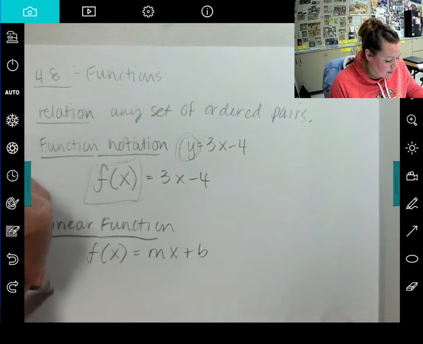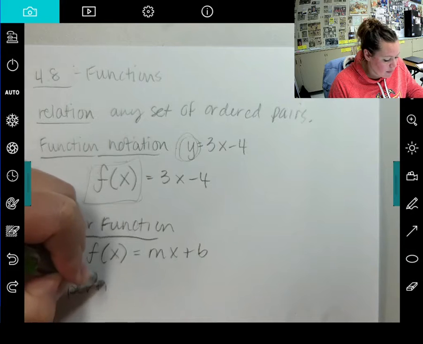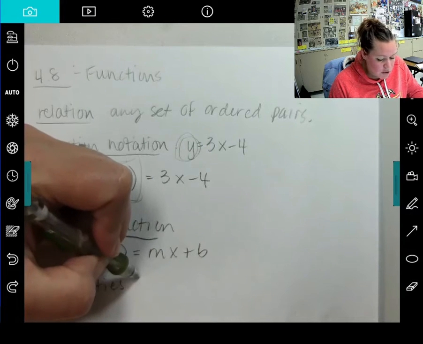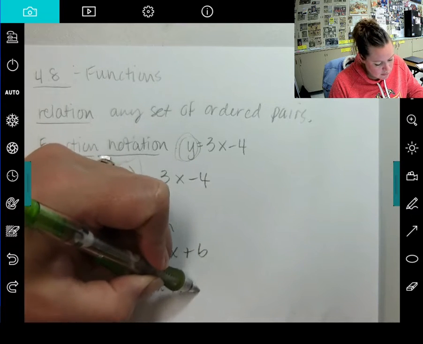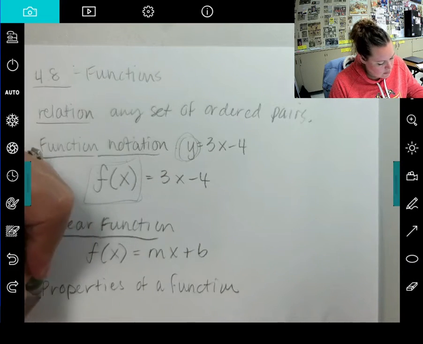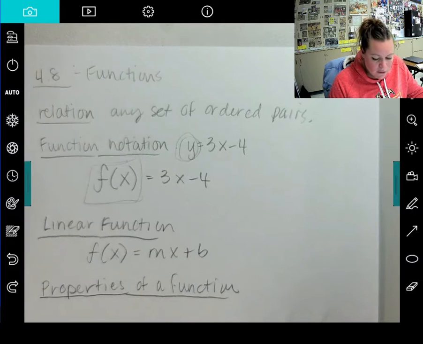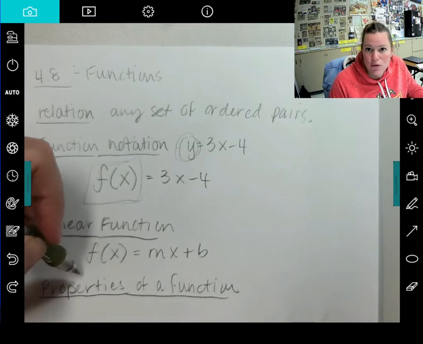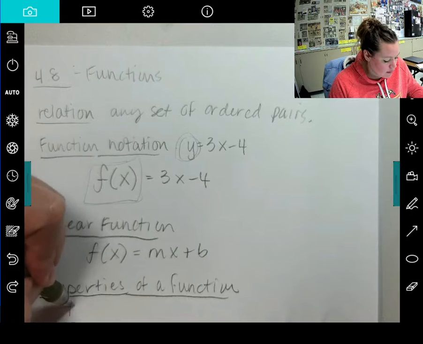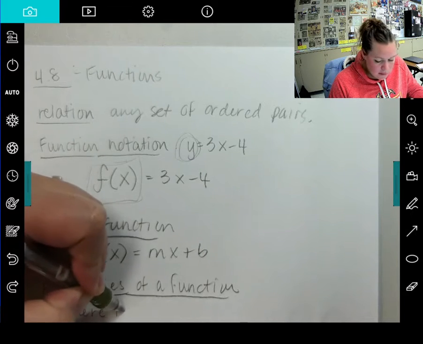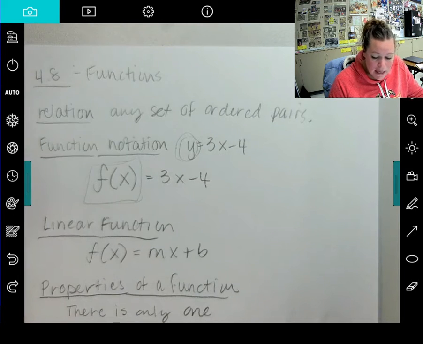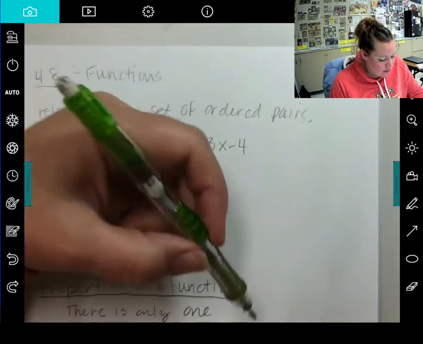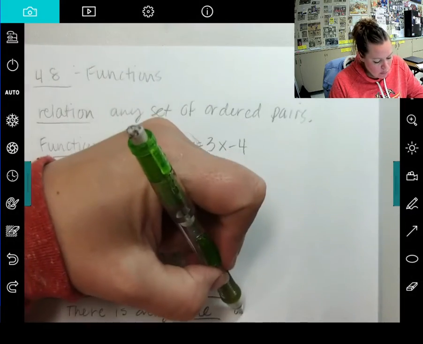Something else that we need to discuss is the special properties that a function has. Properties of a function, and this is true for any function: there is only one output for any given input.